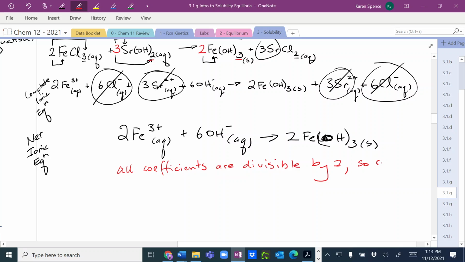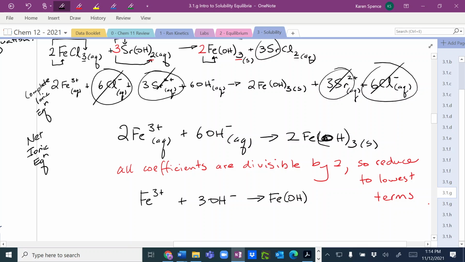So reduce to lowest terms. And so what we will finally end up with is Fe3+ plus 3 OH- goes to Fe(OH)3.